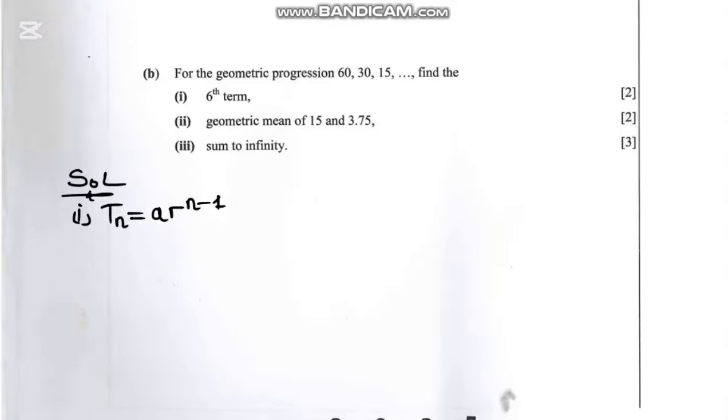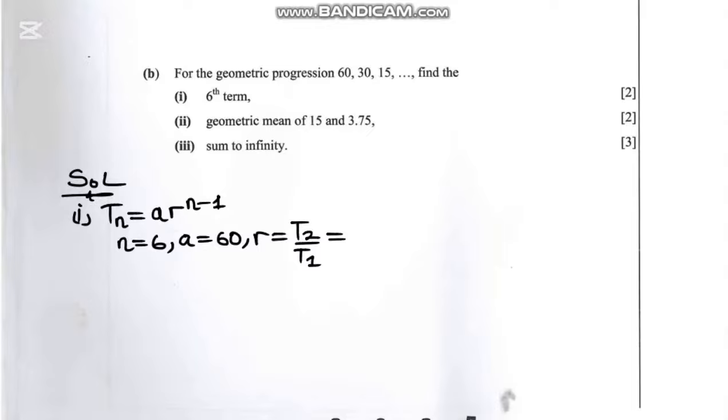For n, this is the position of the term, which is 6. For a, this is the first term, which is 60. Then for r, this is the common ratio of the progression, which is found by dividing T2 over T1 or T3 over T2.